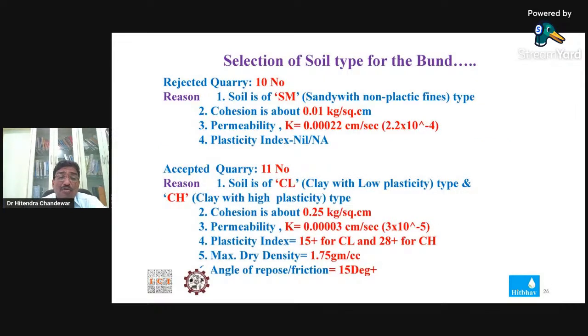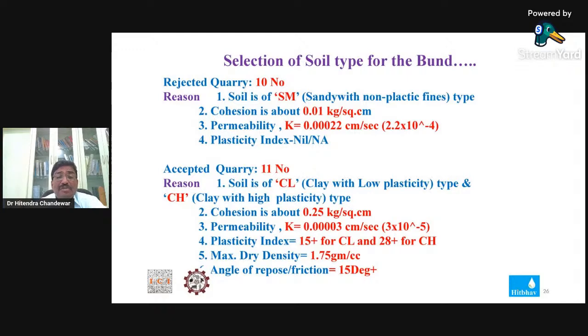Then out of 21 quarries, we have rejected 10 quarries because of the soil. Why the rejection? Because of this reason: the soil is of SM type, and the code does not allow you to go with the embankment with SM soil.